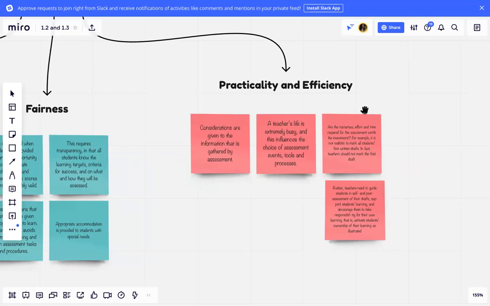For example, if we don't have enough time to share the content that we planned, we can use peer assessment, and that way we can encourage them to take responsibility for their own learning. That is active students' ownership of their learning. So we encourage them to assess as well.